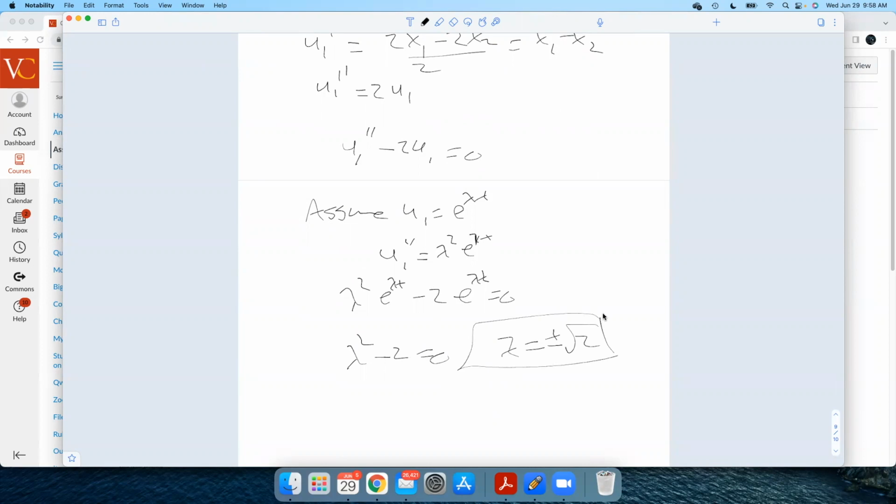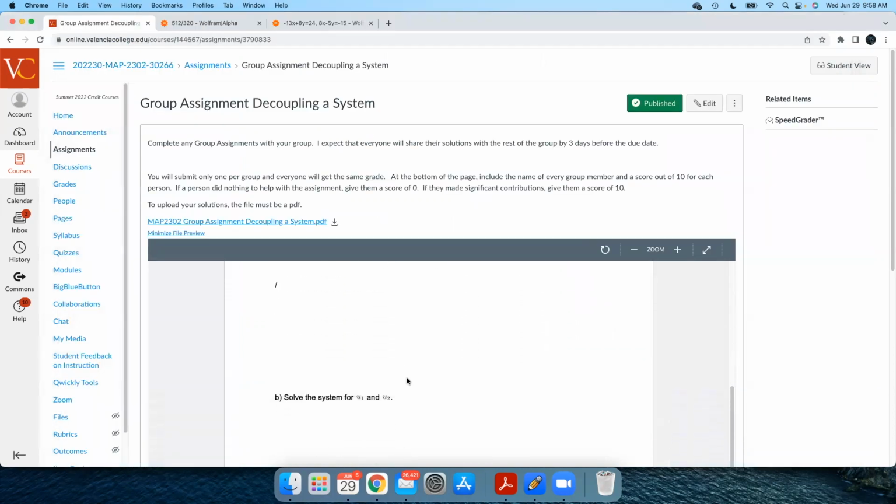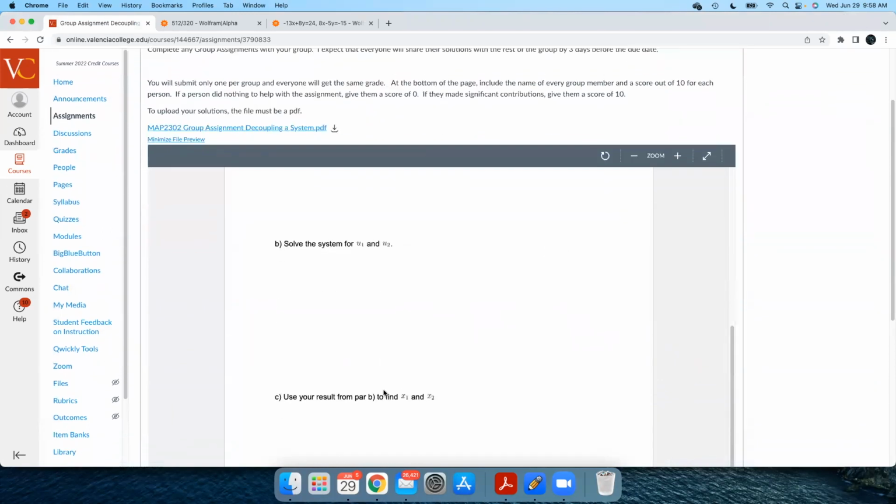Play a similar game, find u2. You'll get a u2 double prime in terms of just u2, just doing some substitutions. Then once you get u1 and u2, once you get both of the u's as solutions, at the end it asks you, now go back and give me x1 and x2.